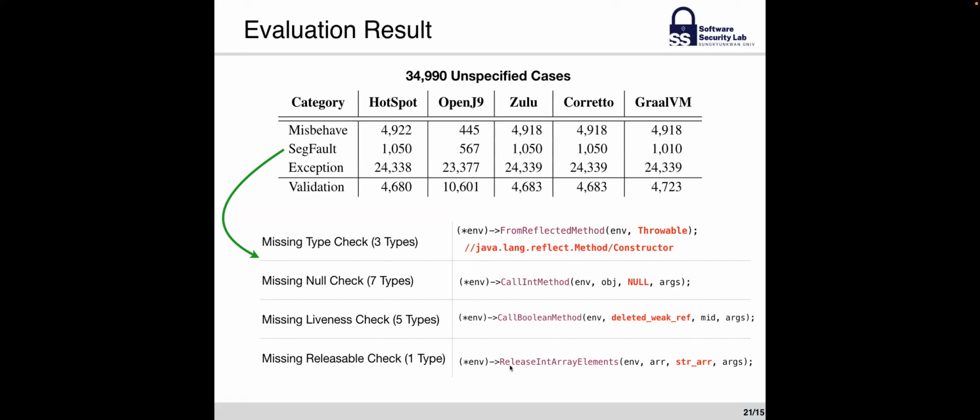So here, ReleaseIntArrayElements should be used for releasing the int type of array elements, but we passed the string type of array elements, which is incorrect, and this is also an unspecified case according to the JNI specifications. So these kinds of unspecified cases lead to segmentation faults on JVMs.